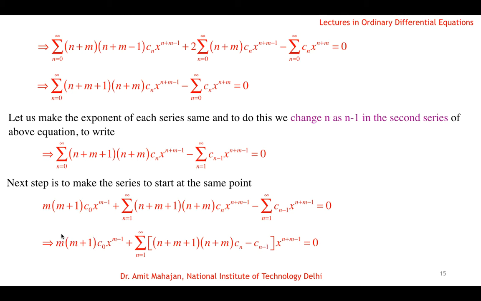The initial equation is m into m plus 1 equal to 0, which gives two values of m: 0 and minus 1. They are distinct but their difference is an integer. Then we put this coefficient to 0 for n greater than or equal to 1, and calculate c n in terms of c n minus 1.